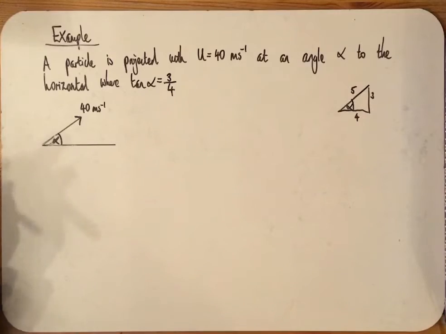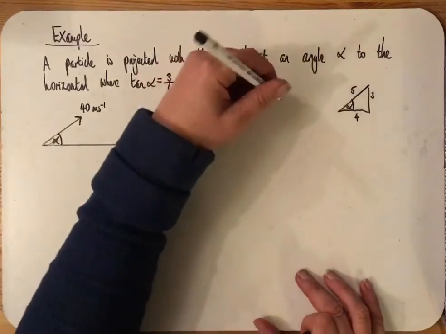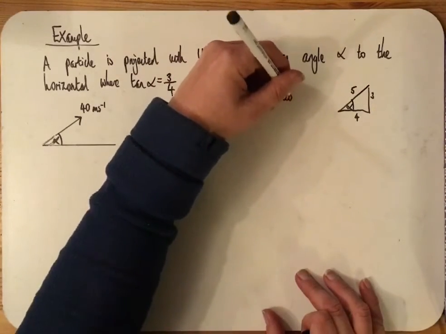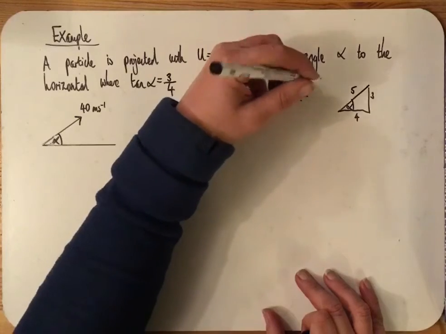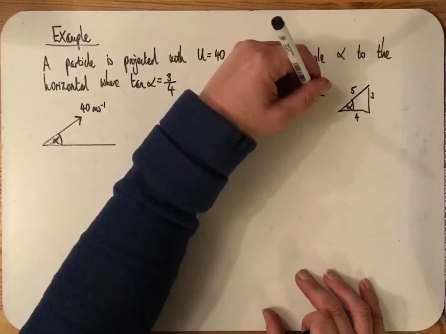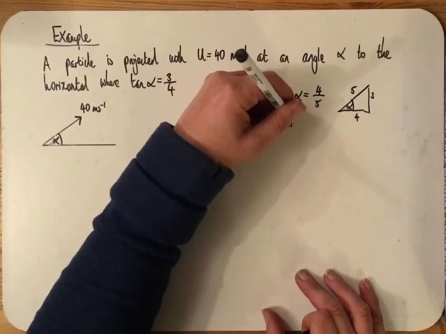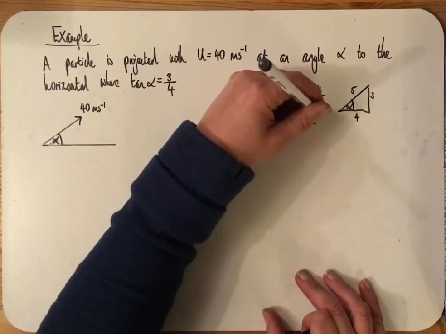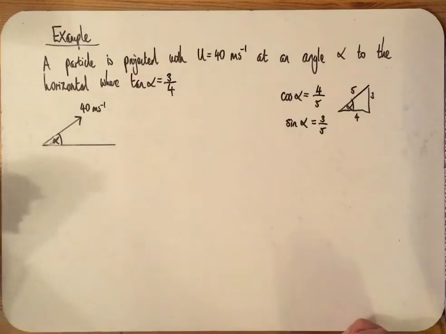So to find the horizontal component, we're going to need cos alpha, which is equal to 4/5, so adjacent over hypotenuse, and sine alpha is equal to 3/5.